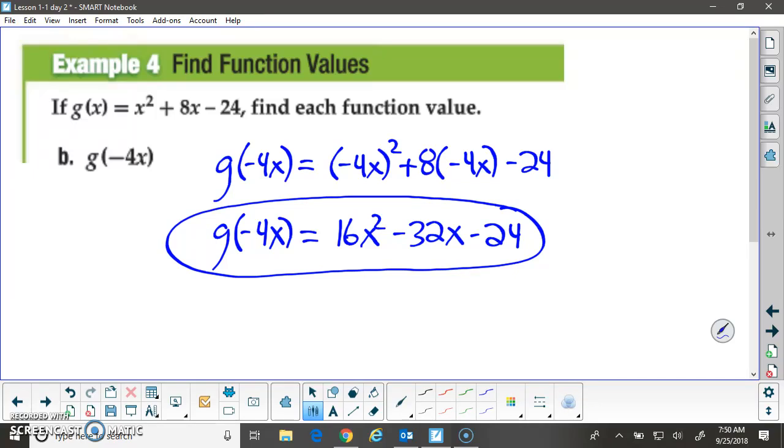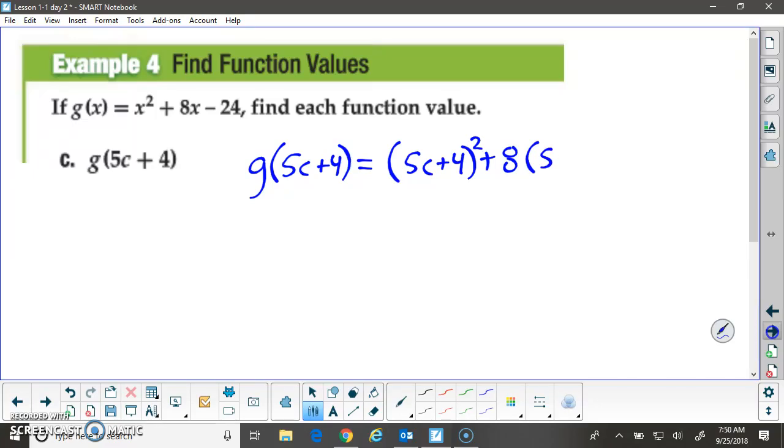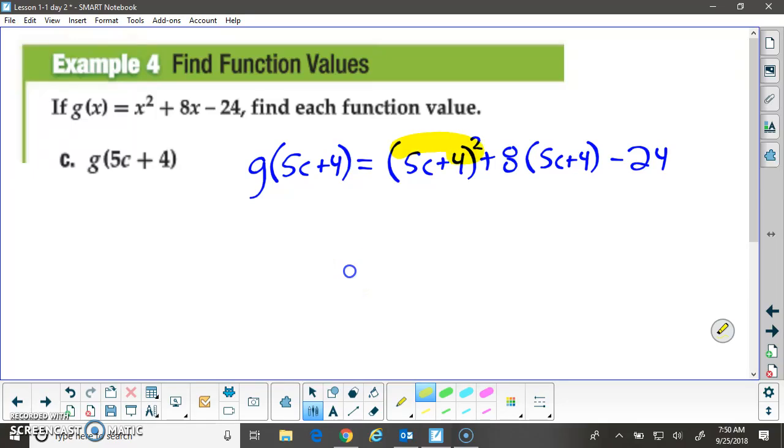So thanks, Joe. All right, part C, we have to put a binomial variable expression into this function, which is going to be a little bit harder. So now I'm putting in 5c plus 4, and the error that a lot of people make is right here.